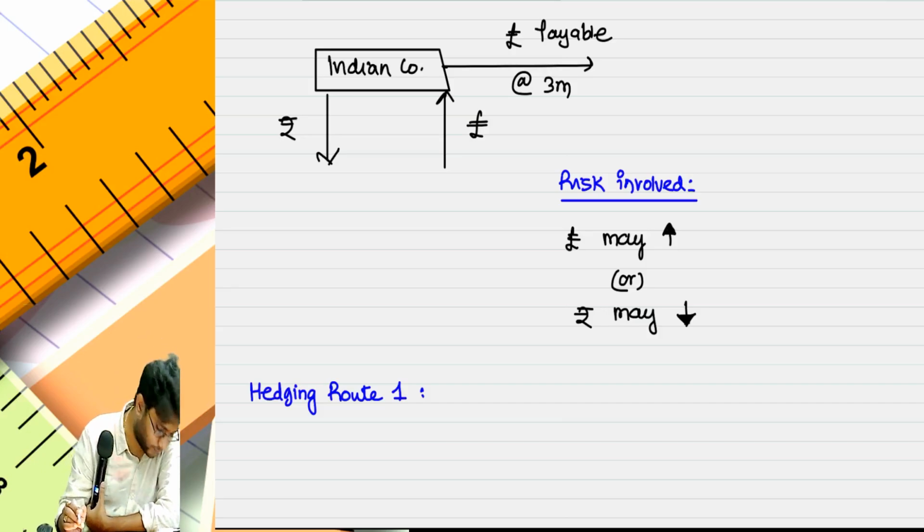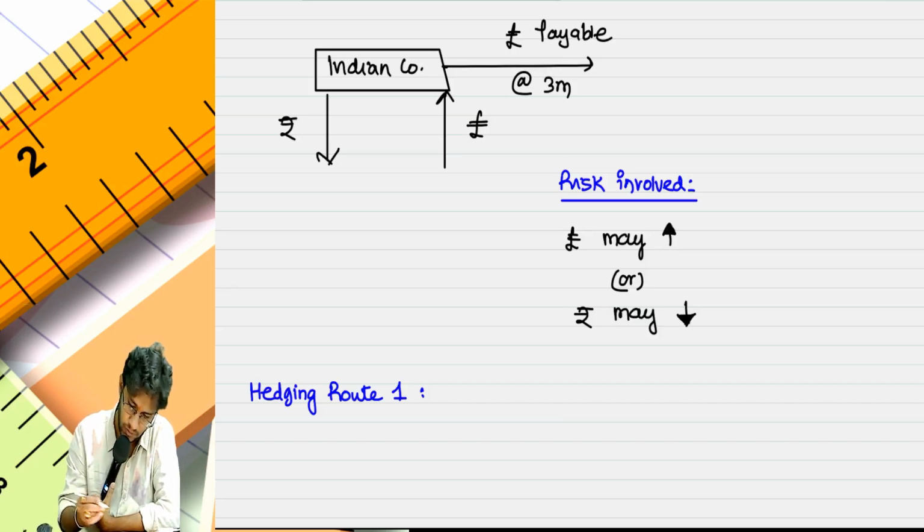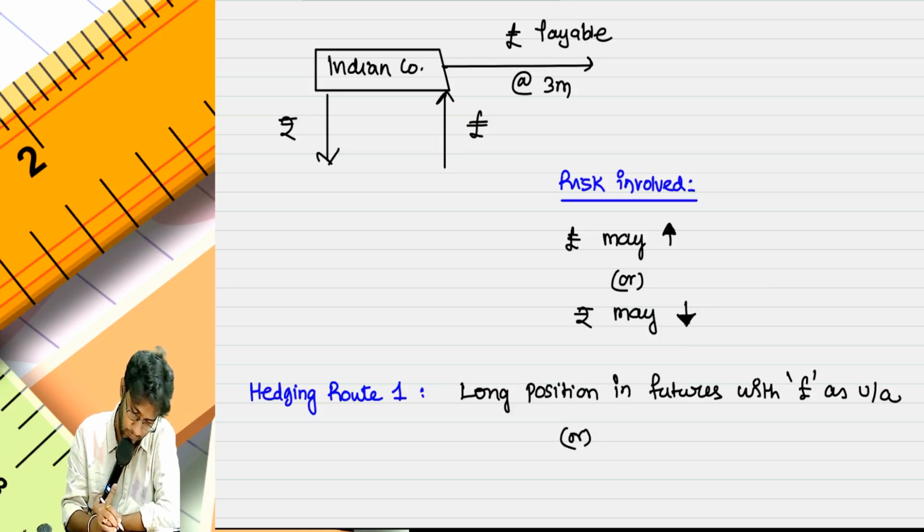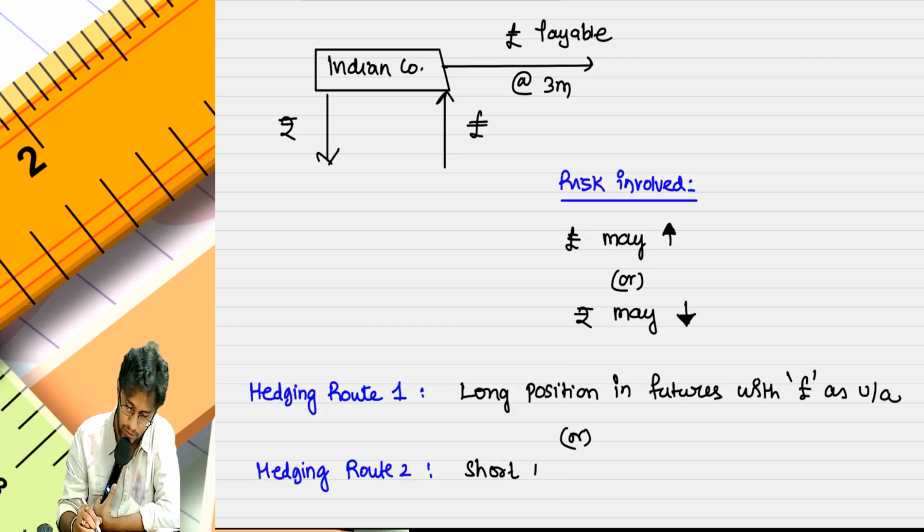Hedging route 1: pound may rise, so long position in futures with pound as the underlying asset. Or hedging route 2: rupee may fall, falling market, short position.